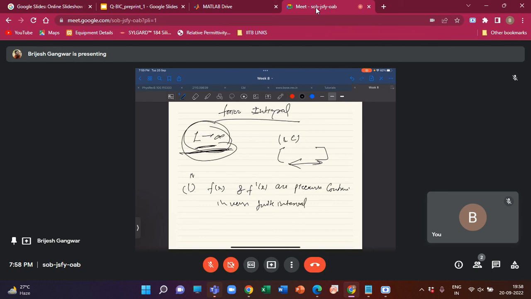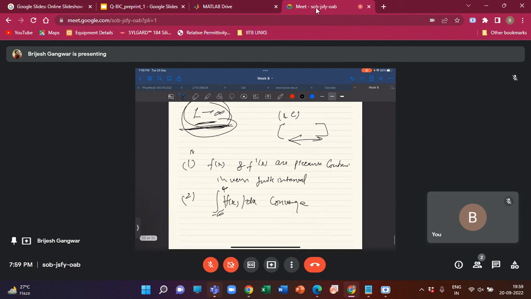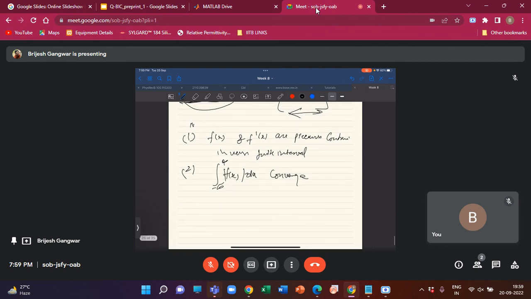The second thing, we consider the integral from minus infinity to infinity of mod f(x) dx should be convergent. Okay, this integral should not be diverging. So this f(x) is absolutely integrable in minus infinity to infinity.